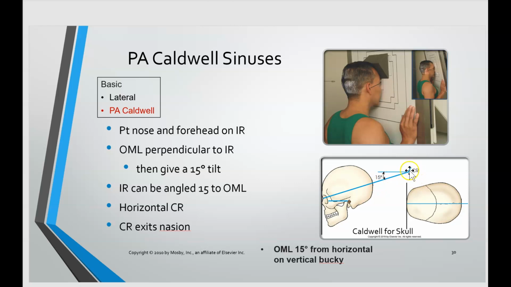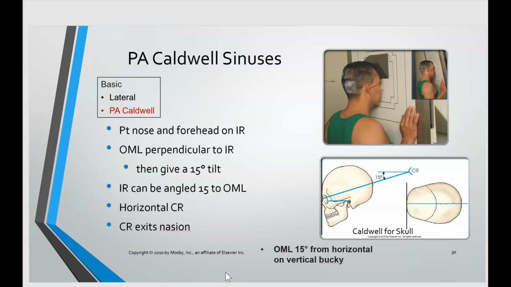Okay. Now what we need to do is take this line and we need to bring it horizontal, okay, so that the central ray is horizontal. In doing that, our OML is no longer going to be the horizontal. If this is coming down to be horizontal, then this OML is going to be projecting upward. So your 15-degree angle is going to be from that body part being angled 15 degrees upward, okay?